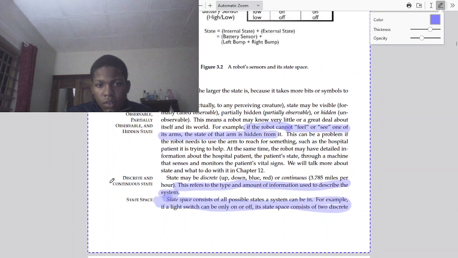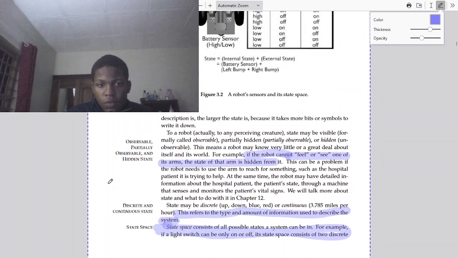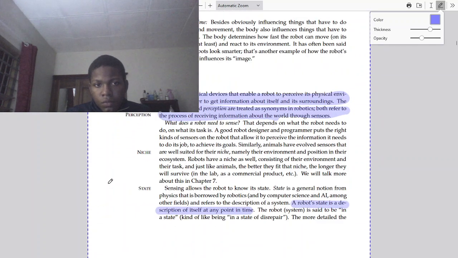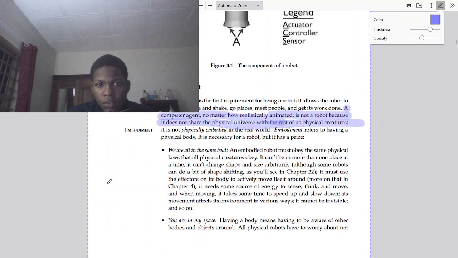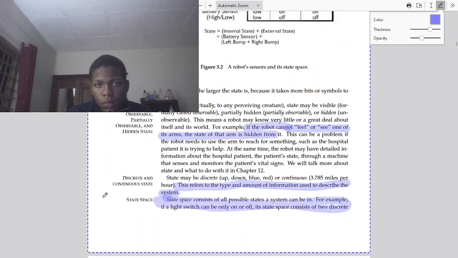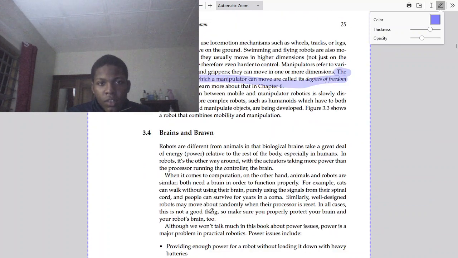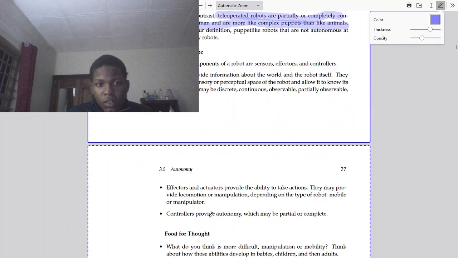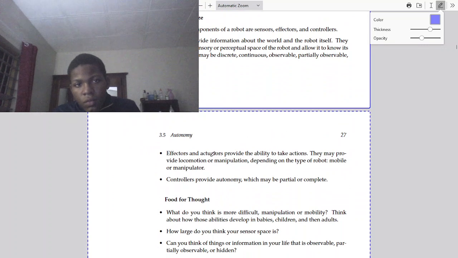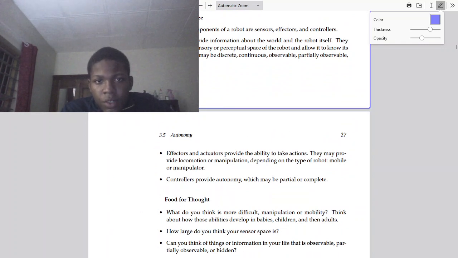Sensing. Embodiment. Alright, I'm satisfied. I think I learned a lot. So anything else I need to look at? So summarize.